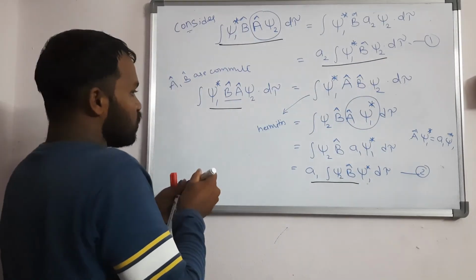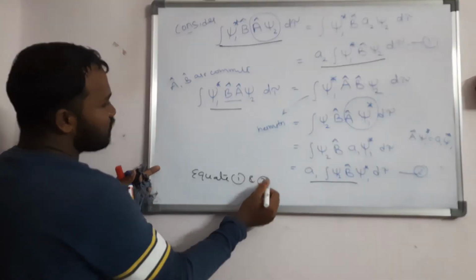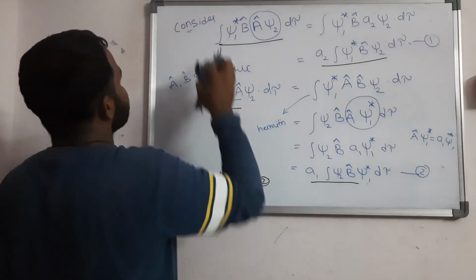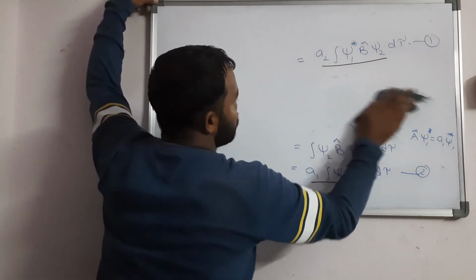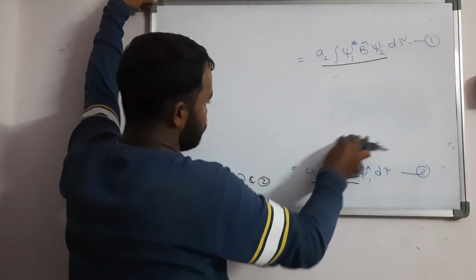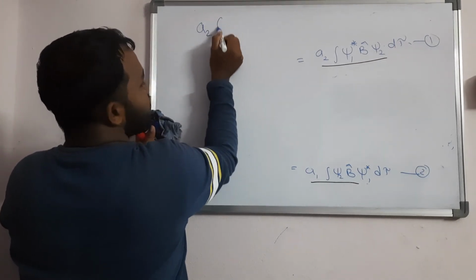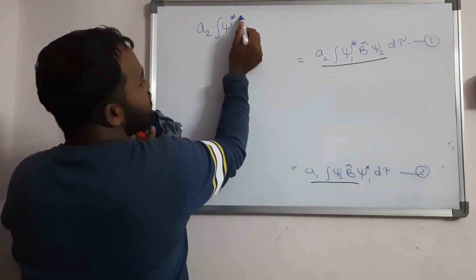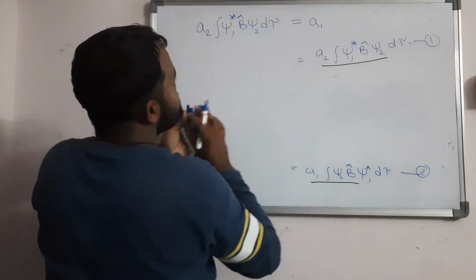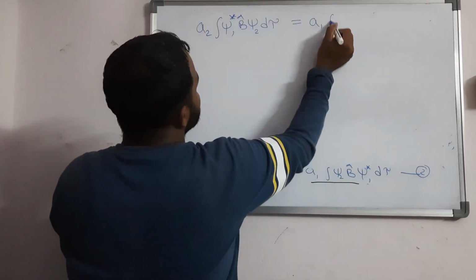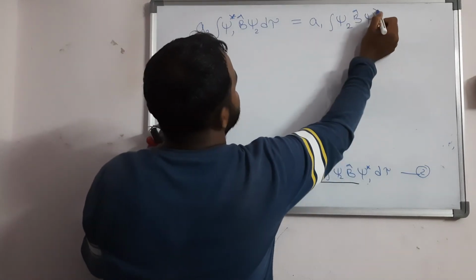A2 times the integral of psi 1 star B cap psi 2 d tau is equal to A1 times the integral of psi 2 B cap psi 1 star d tau.